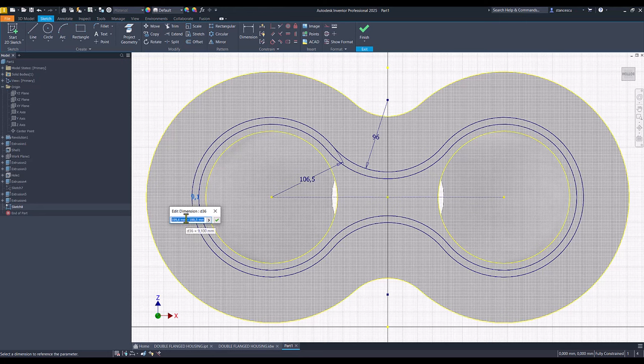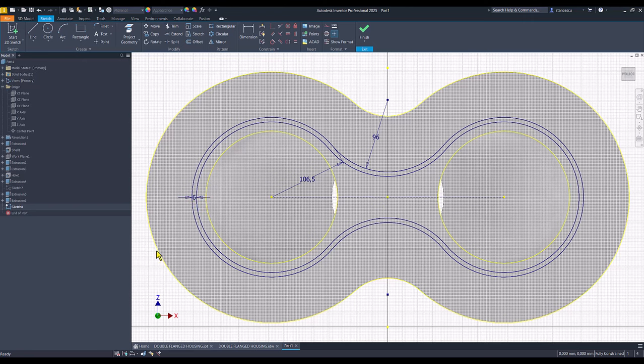Let me see, where is 106.5? You see, I make a lot of mistakes all the time. This is the age, my friends. 106.5 minus 100.5.